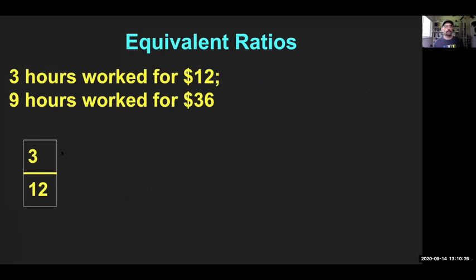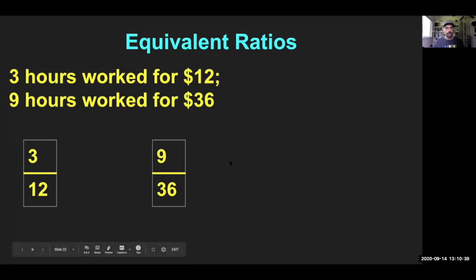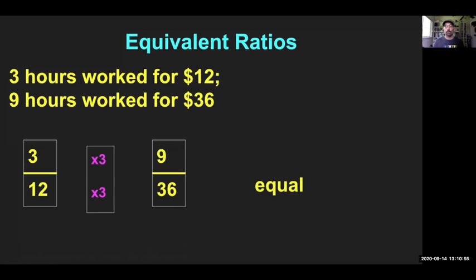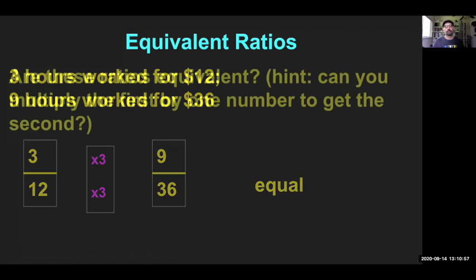And then 9 hours worked for $36 is 9/36. So are these equal to each other? 3 times what is 9? 12 times what is 36? Well, I know my times table, so I know 3 times 3 is 9, and I know that 12 times 3 is 36, and because there's a times 3 for both of them, I know that they are equal.